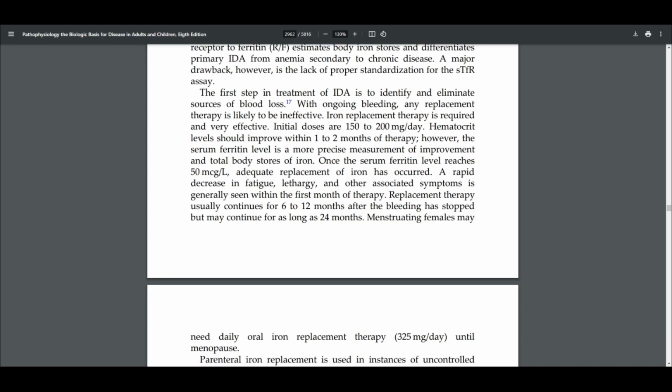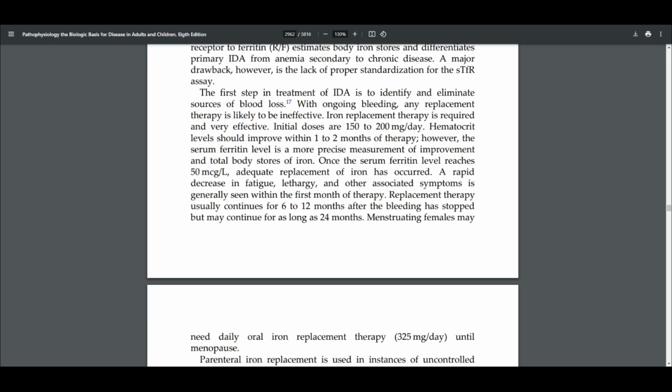However, the serum ferritin level is a more precise measurement of improvement in total body stores of iron. Once the serum ferritin level reaches 50 micrograms per liter, adequate replacement of the iron has occurred. A rapid decrease in fatigue, lethargy, and other associated symptoms is generally seen within the first month of therapy.